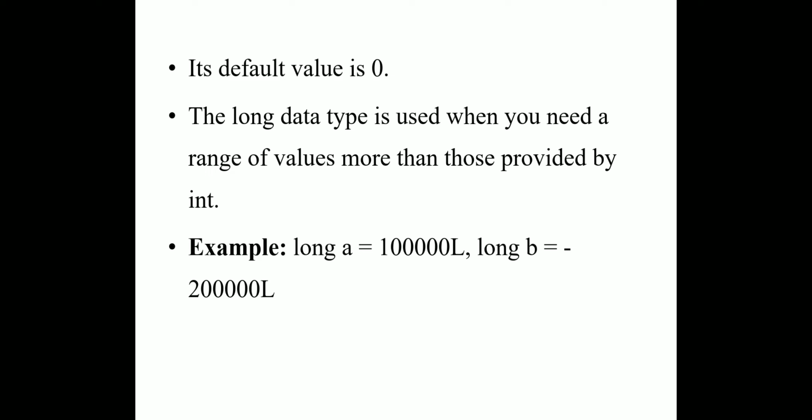The default value of the long data type is 0, and it is used when you need a range of values larger than that provided by int. For example, long a equal to 1 lakh L, long b equal to minus 2 lakh L.